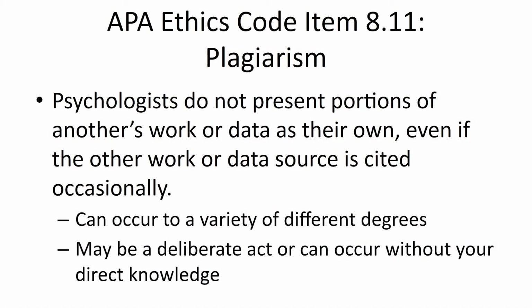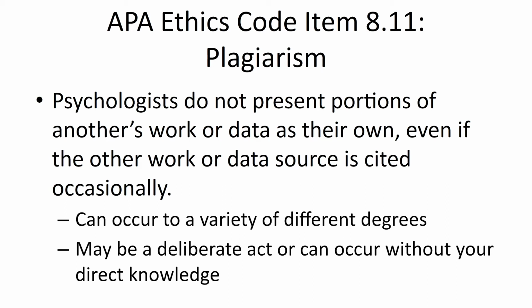It can occur to a variety of degrees. And what I see for the most part as an instructor is the kind of plagiarism that doesn't seem very intentional. It seems like at least once every semester, I'll see a paper where there's clear plagiarism present, but the student just doesn't understand what they've done. So it seems to have happened without any real malicious intent.